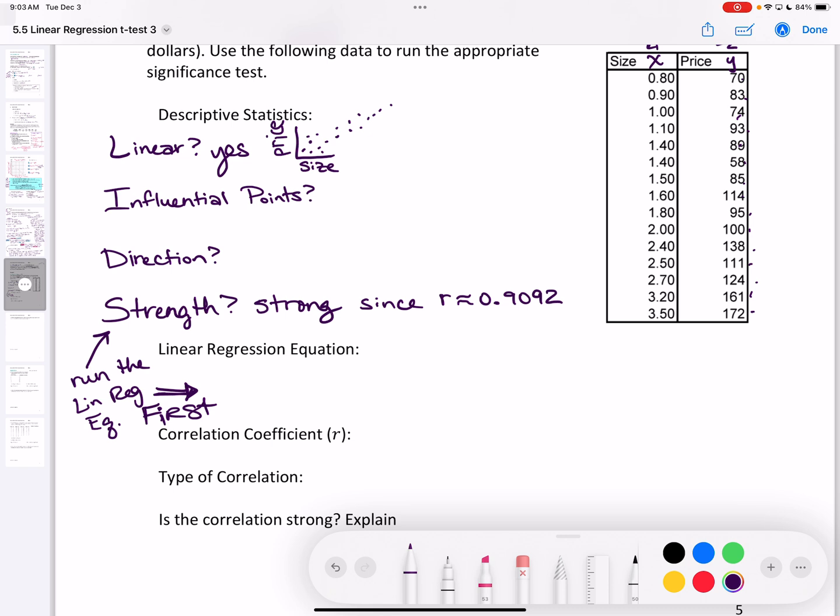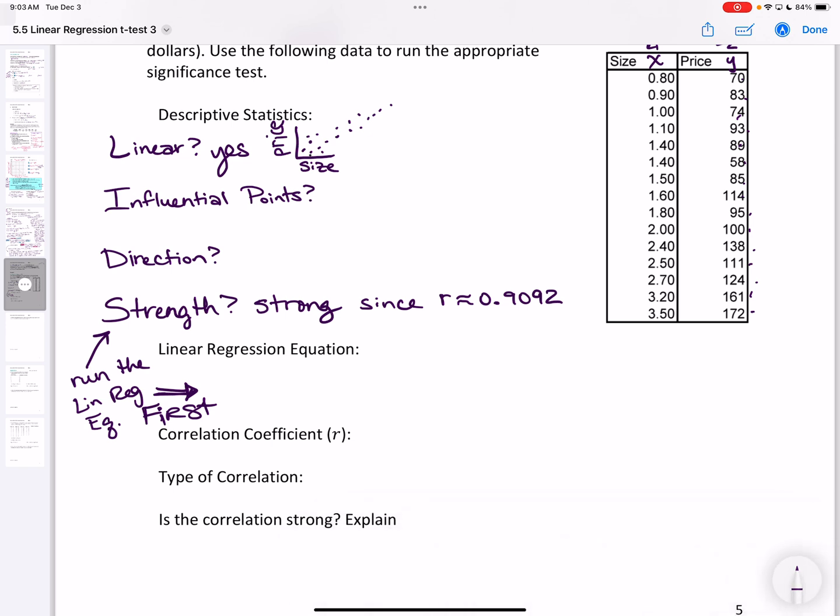R is positive or negative, or if I look at the scatter plot, yeah, the direction is positive. And did you think you have any influential points? So you do have to have the scatter plot for that, for the influential points. Any? Good job. She's shaking her head. No, they all appear to be close together, right, Bree?